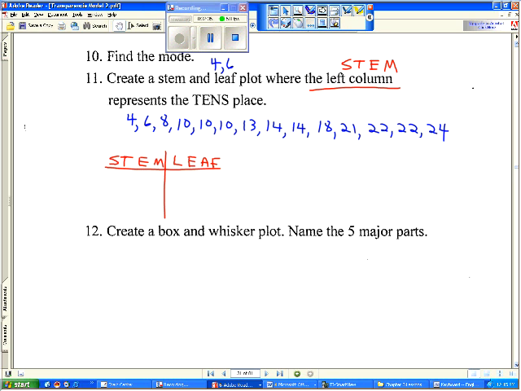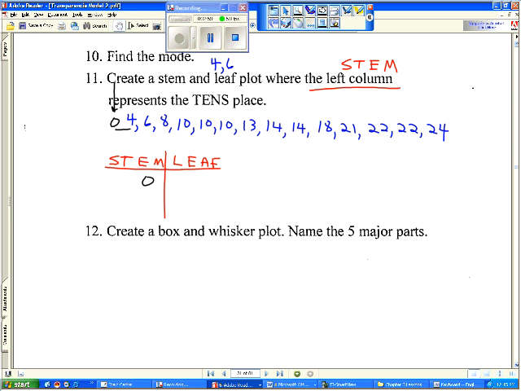Now, when we do a stem and leaf plot, we have to arrange our numbers from least to greatest. What is the least data item? The least data item, a 4. And what number is in its tens place? A 0. Zip.